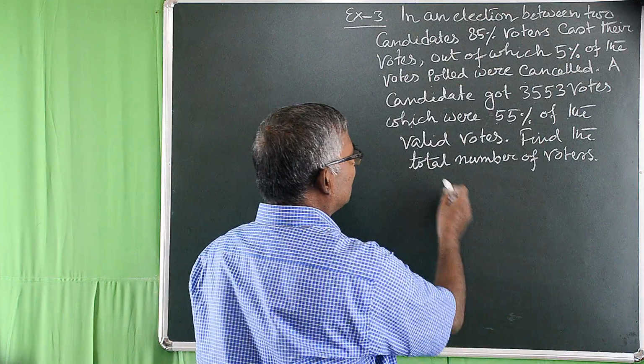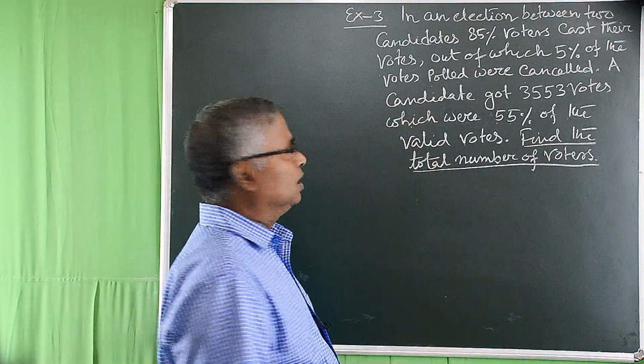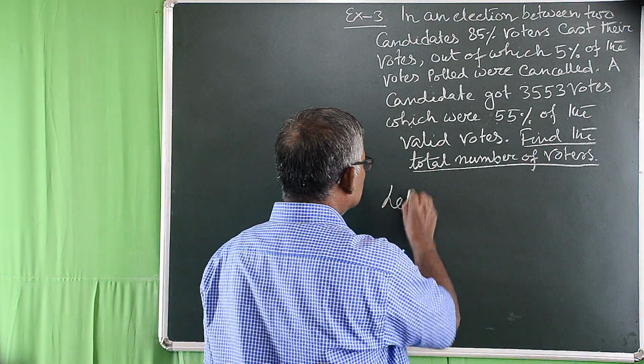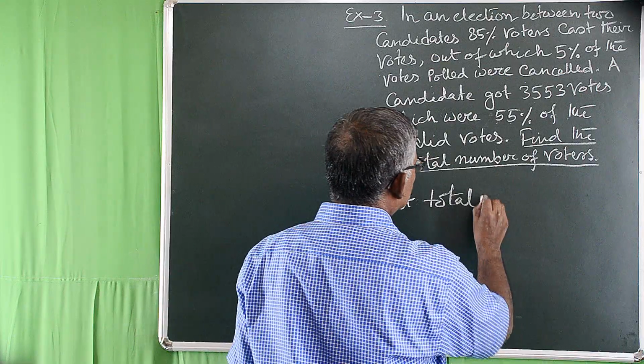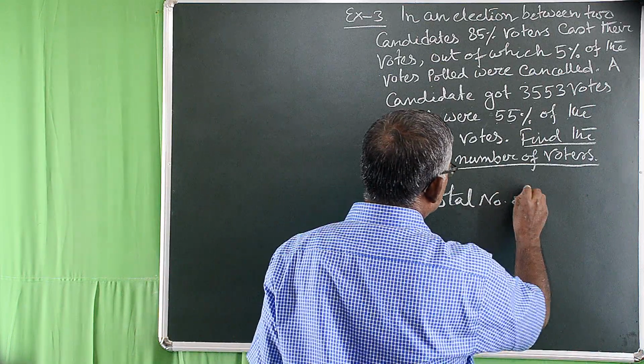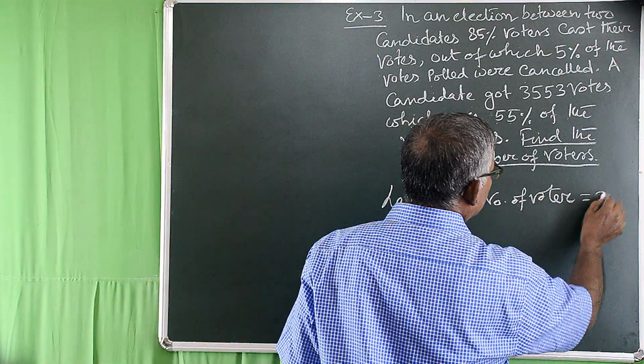Find the total number of voters. Let total number of voters equal to x.